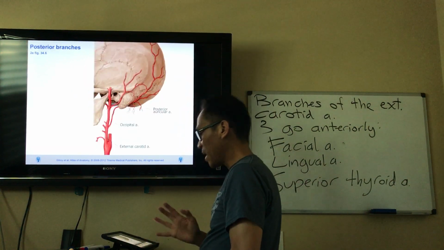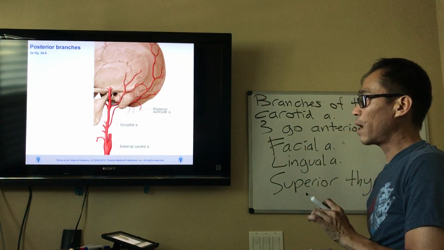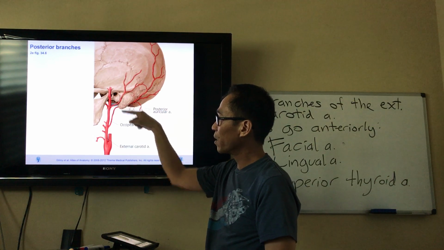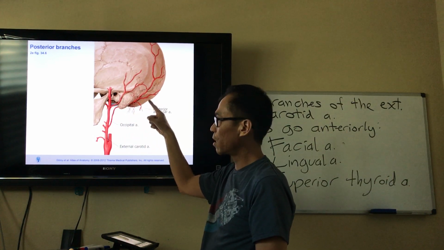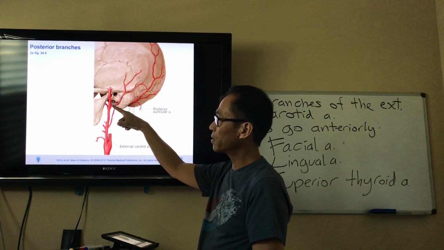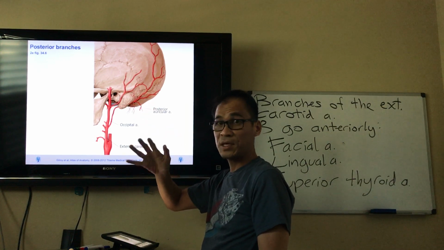Different picture, but same idea. Still talking about branches of the external carotid. There are two branches of the external carotid. They're going to go posteriorly. This branch here, it's going to go to the occipital bone. It's called the occipital artery. This one runs right behind your ear hole, and it's called posterior auricular artery. Remember, auricular means ear.